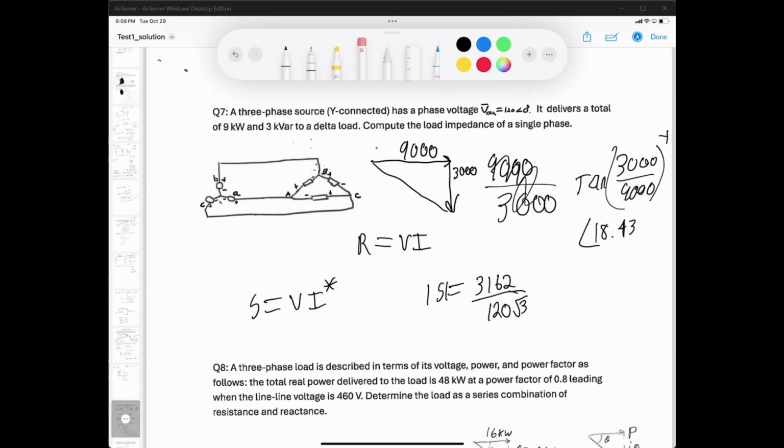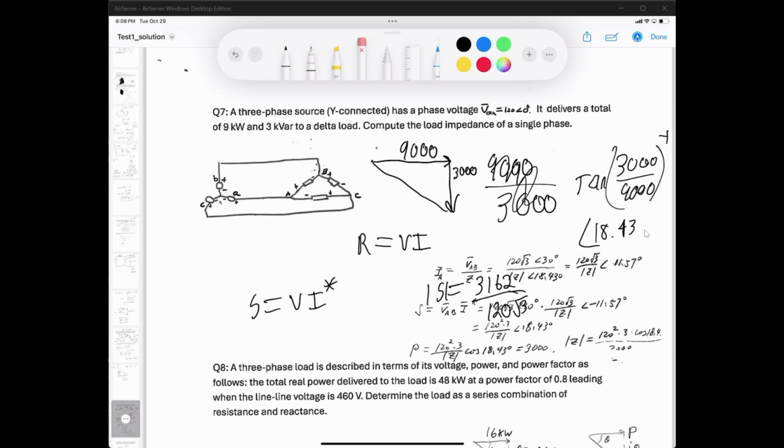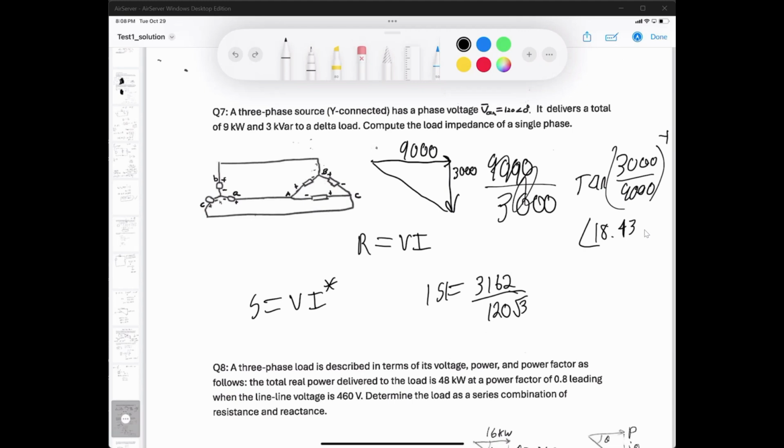Since we're strictly looking at the magnitude, we don't have to worry about the conjugate, because that includes the phase angle. So we're going to get 120 times root 3. This divided by that gives us 15.21 amps.